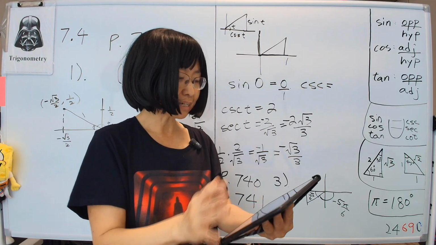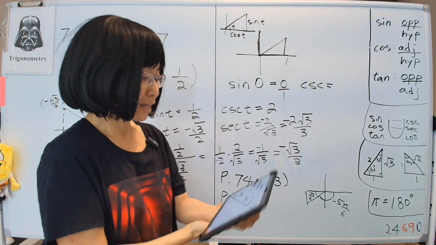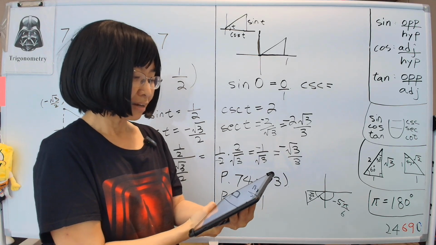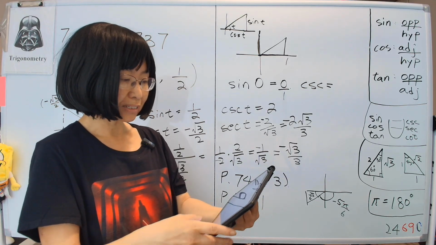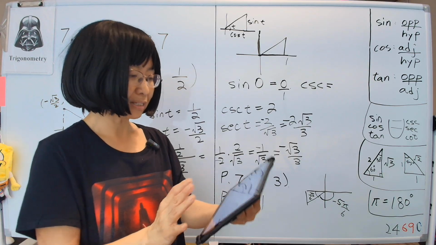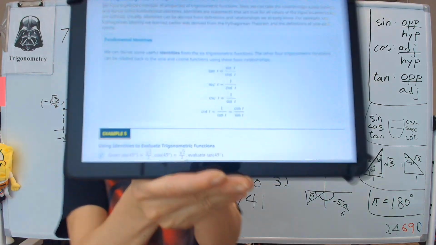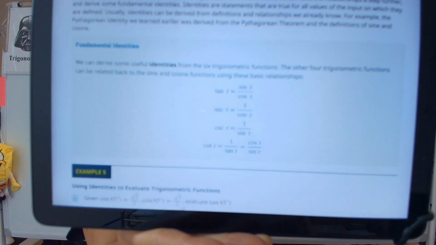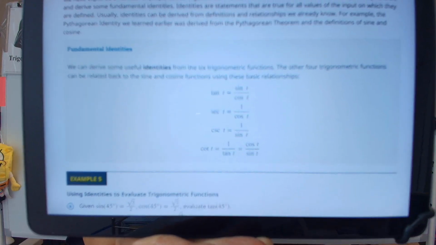Then let's look at some basic identities. On the following page, I'm now on page 742, the fundamental identities. The first thing we need to remember is that tangent is the same as sine over cosine.